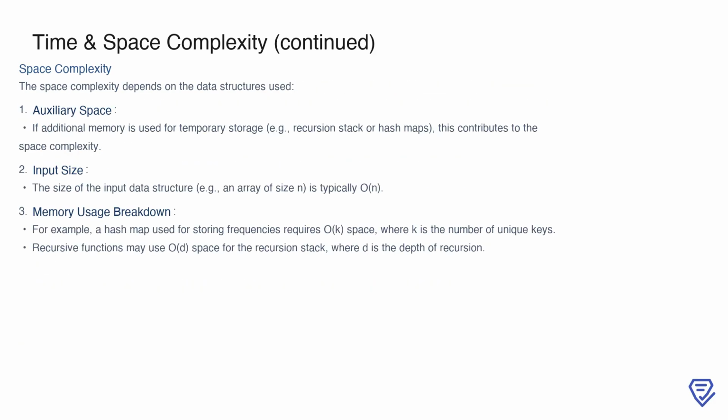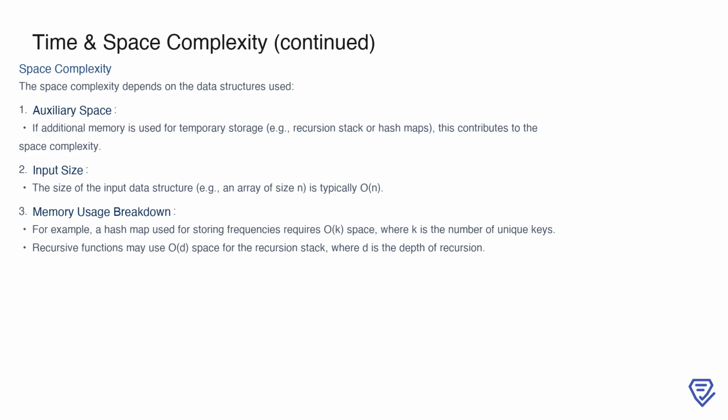Space complexity focuses on how much extra memory an algorithm requires as a function of the input size. Auxiliary space is one key factor, as it accounts for any temporary storage used during the computation, such as recursion stacks or hash maps. For example, if you use a hash map to store frequencies, it requires O(k) space, where k is the number of unique keys.